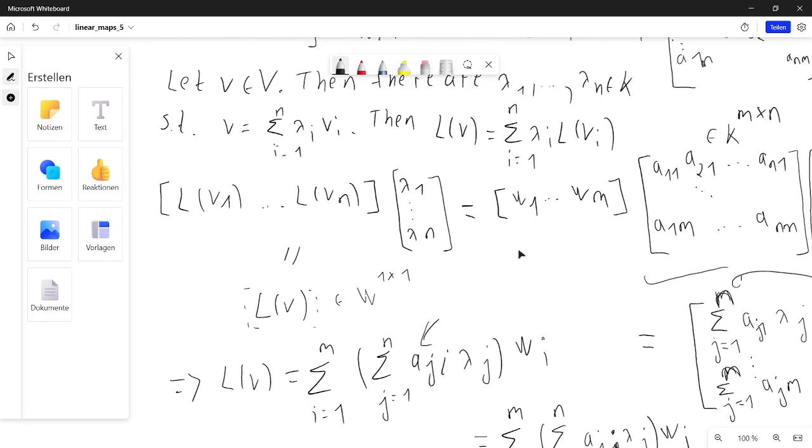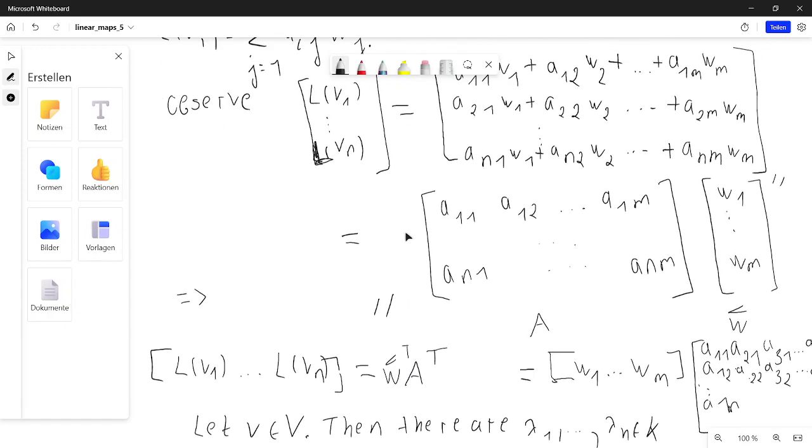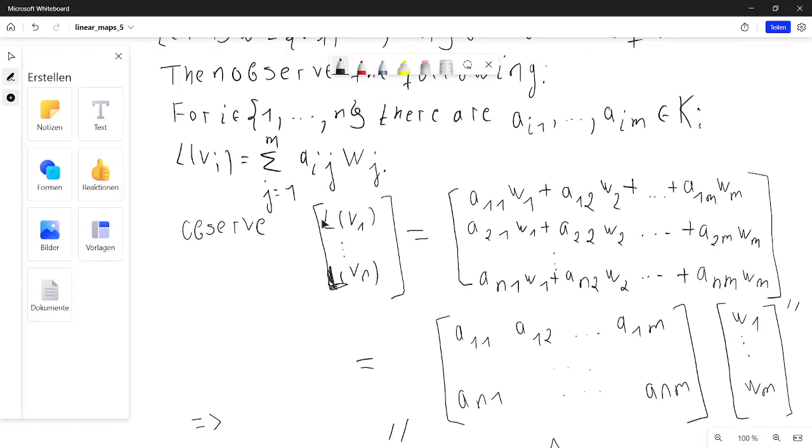Recall that these coefficients were just representations of these fixed elements of W. The image of v_i under L is just a fixed element of W, and so it has a fixed representation with respect to those vectors here, right? Actually, that representation is fixed.